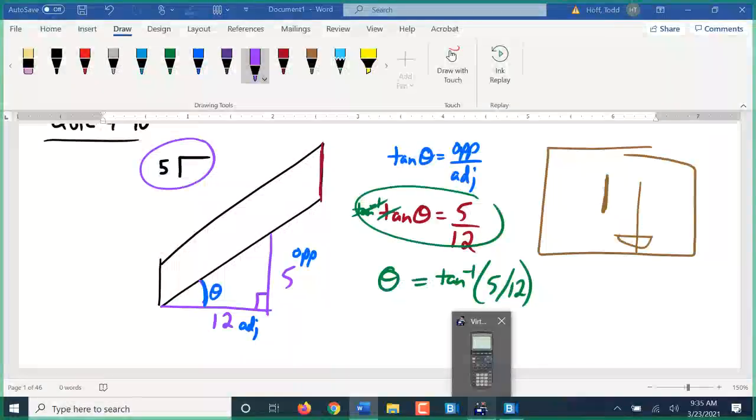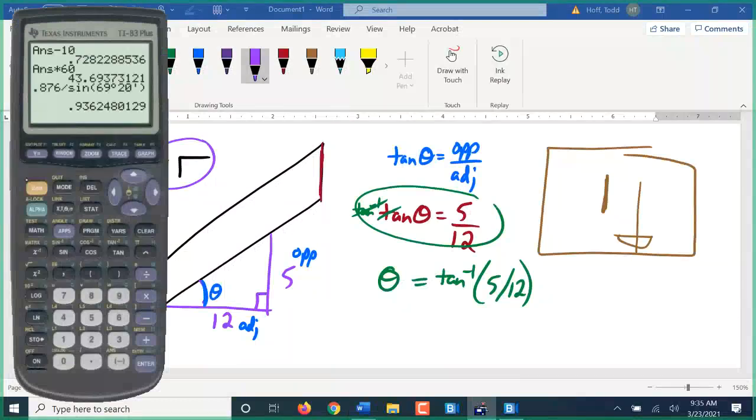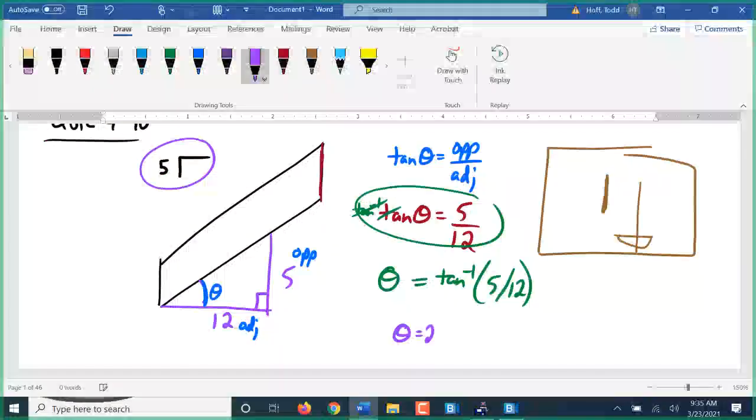So we'll punch this in the calculator: second tangent, 5 divided by 12, close parentheses, and we get 22.62 degrees. So this angle right here is 22.62 degrees.